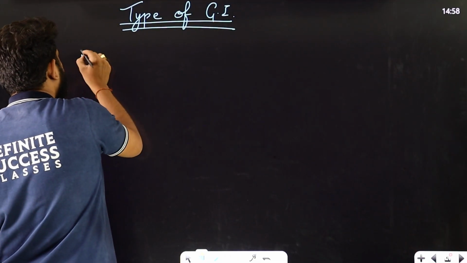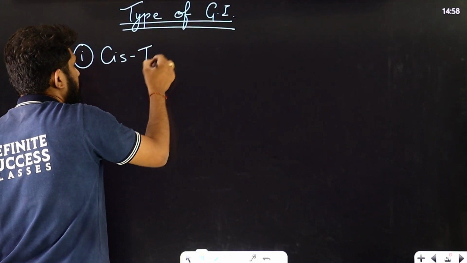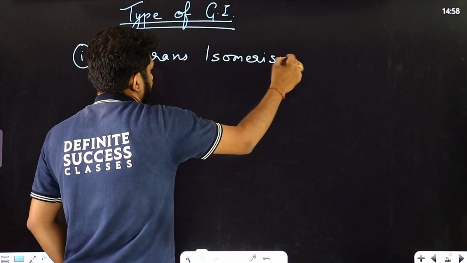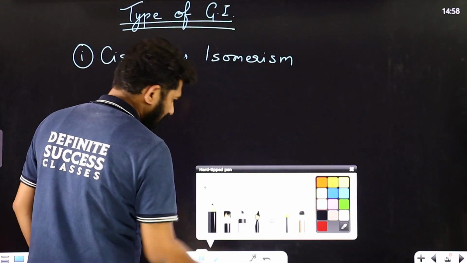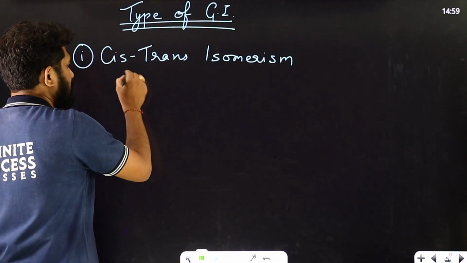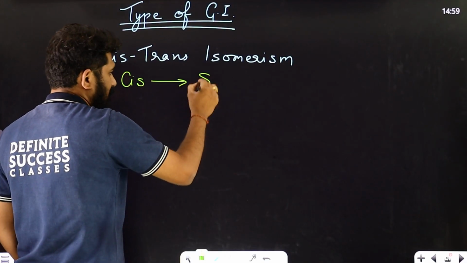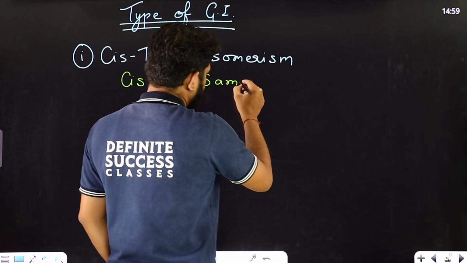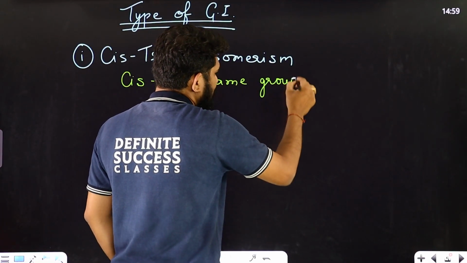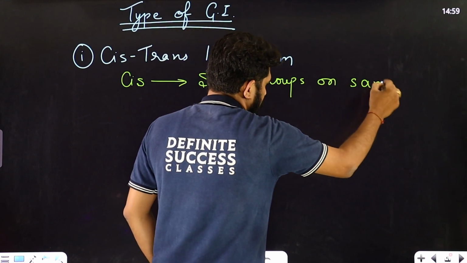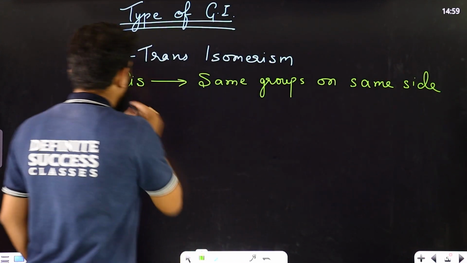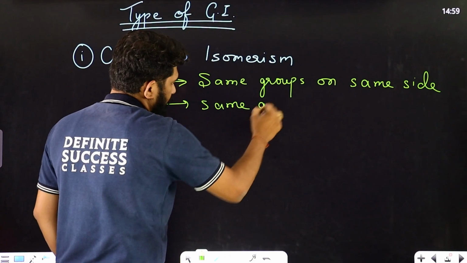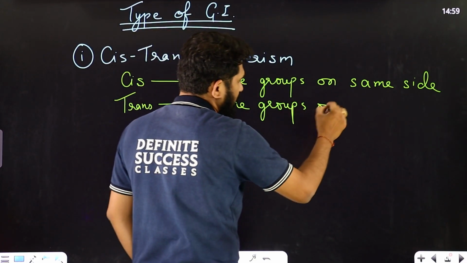The first part is cis-trans isomerism. In quick detail, we would say cis represents same groups being on the same side, and trans represents same groups on different sides.